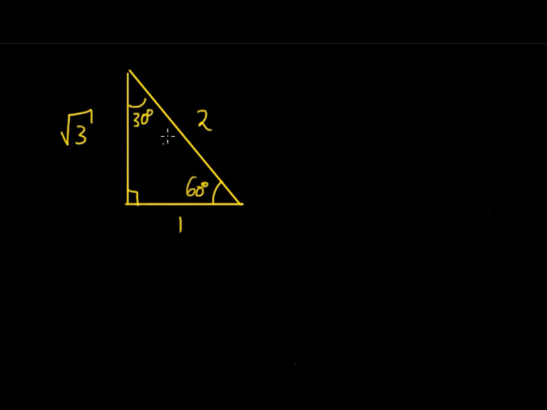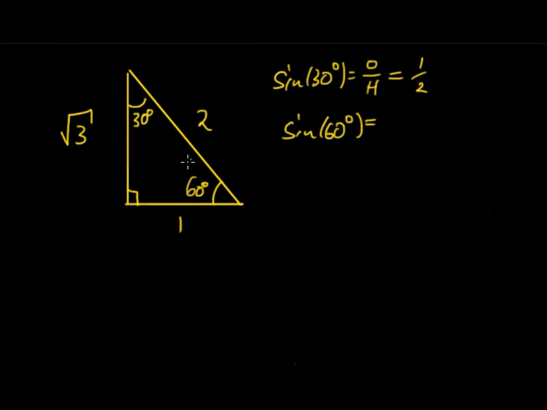So if you look at this, sine 30 degrees is equal to opposite over hypotenuse, which is equal to 1 on 2. Then sine 60 degrees is equal to opposite over hypotenuse, so root 3 on 2. Also note that root 3 is less than 2.